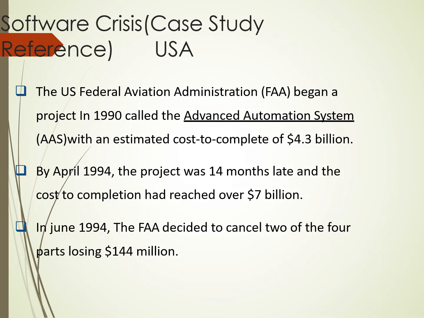Software crisis in the USA. The US Federal Aviation Administration began a project in 1990 called the Advanced Automation System, with an estimated cost to complete of $4.3 billion. By April 1994, the project was 14 months late, and the cost to completion had reached over $7 billion.